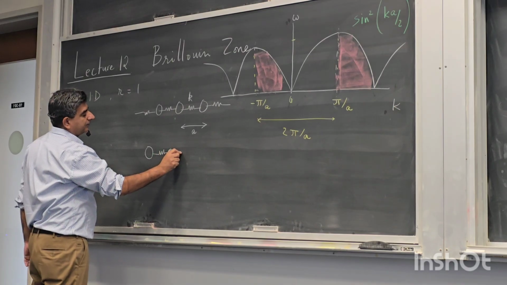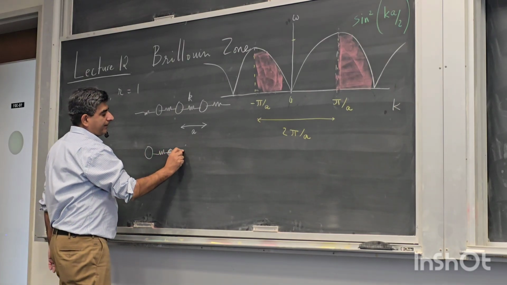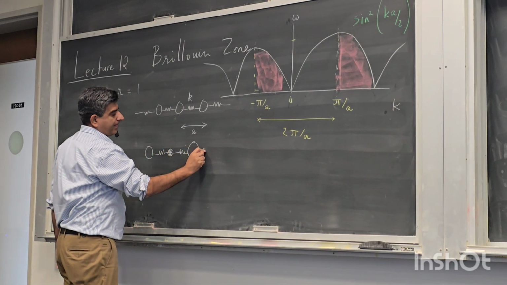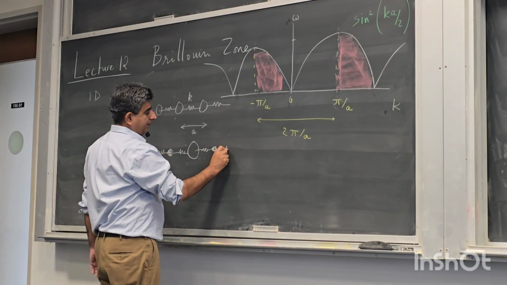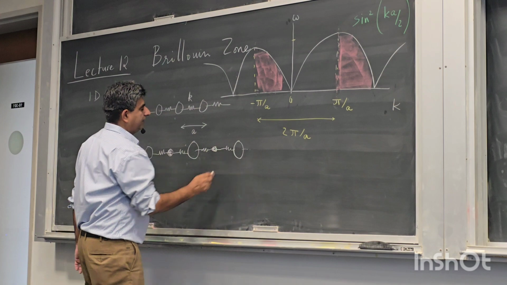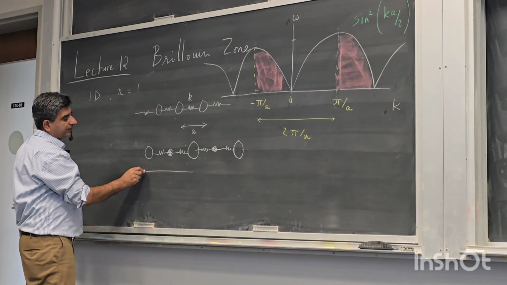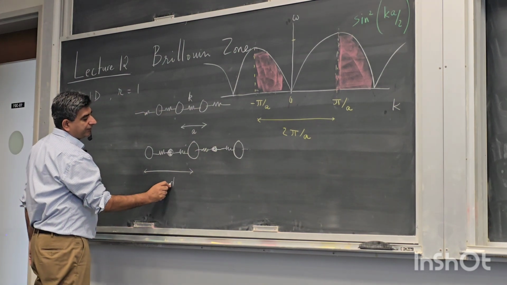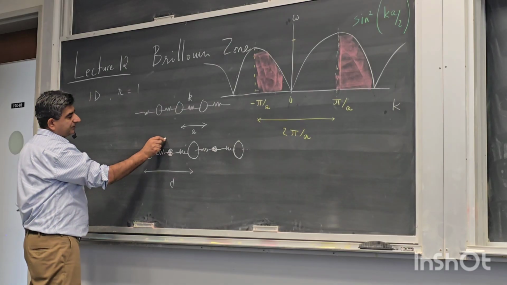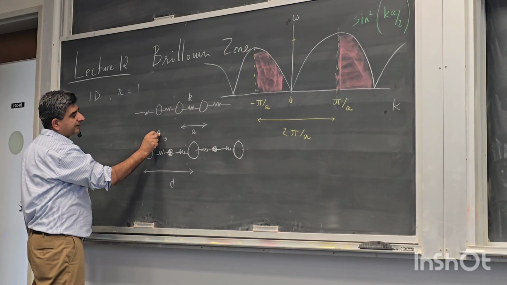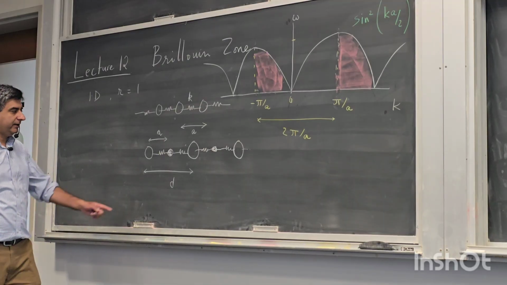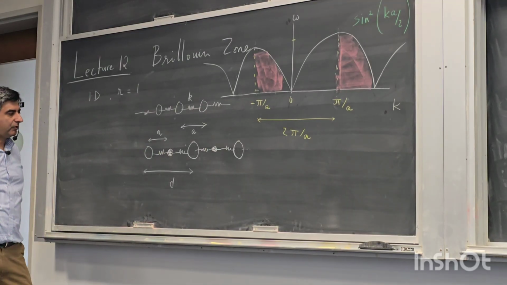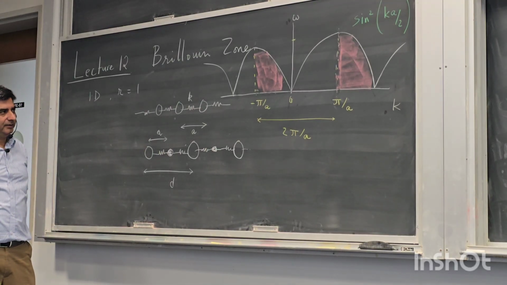And then we shifted our attention to the 1D diatomic lattice. So now let's suppose the periodicity is d. The spacing between two neighboring atoms is still a, but the periodicity is now d, which is double the length of a.